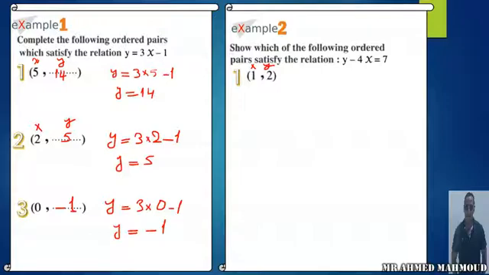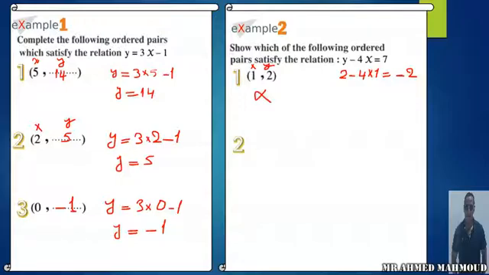Here I will put 2 minus 4 times 1 equals what? 4 times 1 equals 4. 2 minus 4 equals negative 2. Then this point doesn't give me the right side, so this one doesn't belong to the relation, it doesn't satisfy the relation.